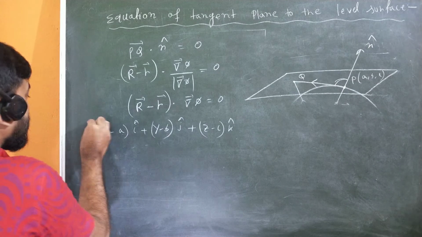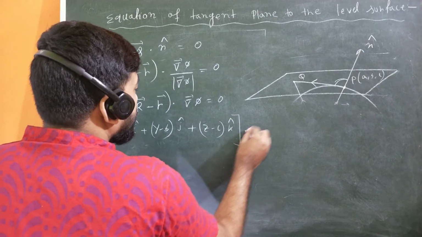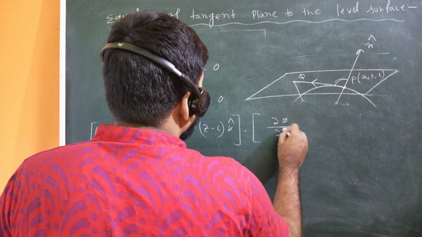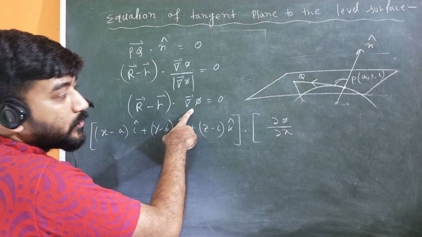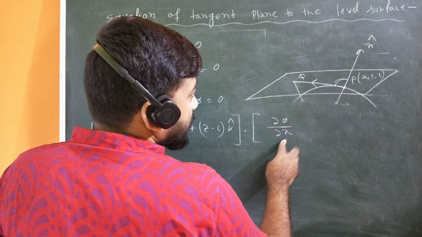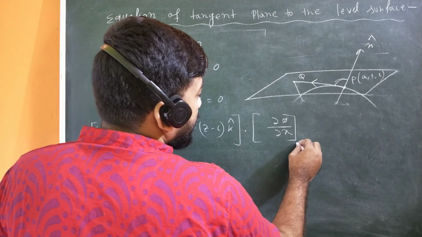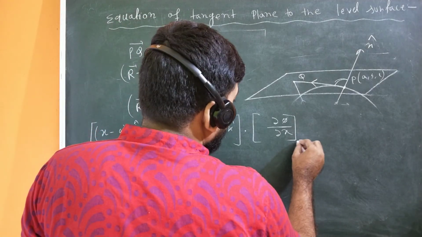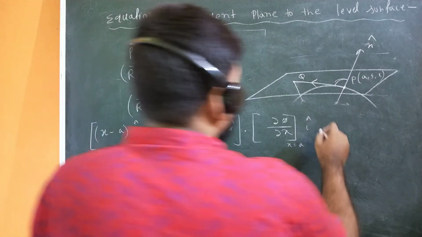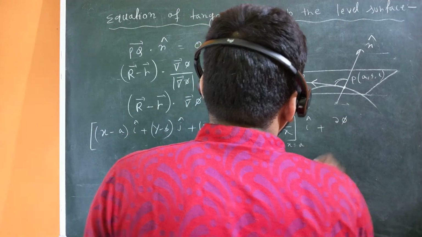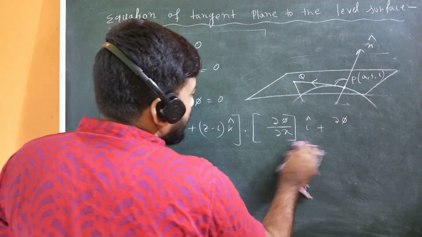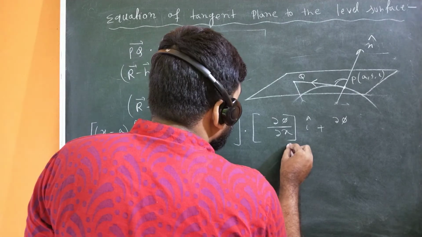So I can write now that the dot product of this with grad phi means del phi by del x, and this grad phi should be taken at this point ABC. So you can write del phi by del x at x is equal to a, i cap, plus del phi by del y, j cap, and so on.